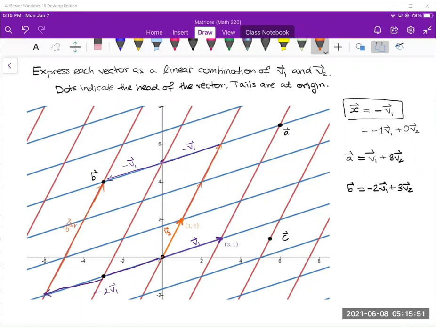And notice that we arrive at the same ending. So it doesn't matter whether we first travel in the direction v1 or in the direction v2. We'll arrive at the same landing spot.